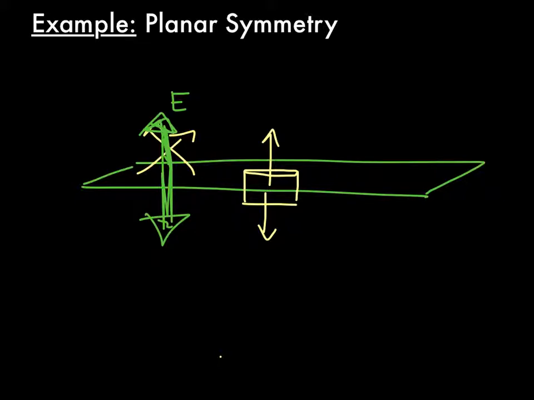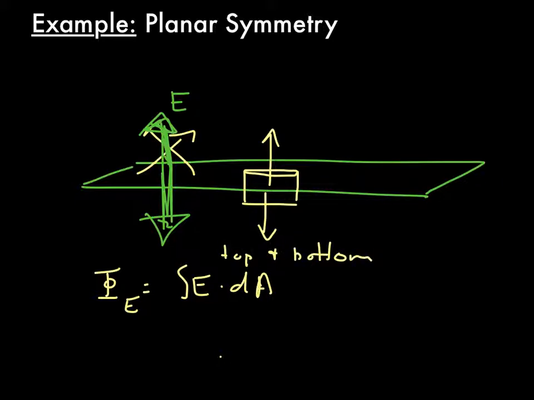So using Gauss's law, you get the flux equals the integral of E dot dA. In this case, the only sides that are going to matter are the top and the bottom. Now keep in mind, even the bottom is negative. This is dA for the bottom.